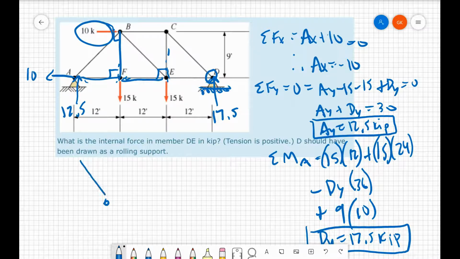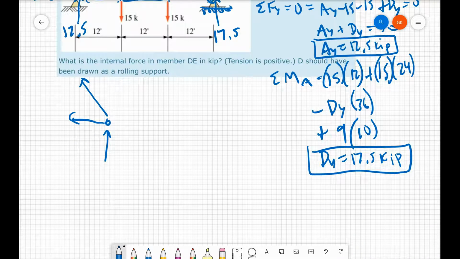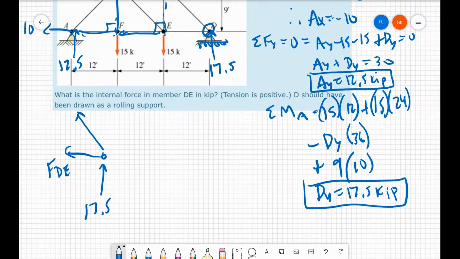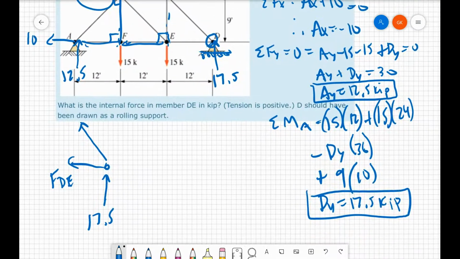Now redraw it. This is a new free body diagram, and since it's a point, I get two equations that I can use. So that would be 17.5 here, and then this would be force DE, which is unknown, and force DC, which is also unknown, but two equations, two unknowns I can solve.